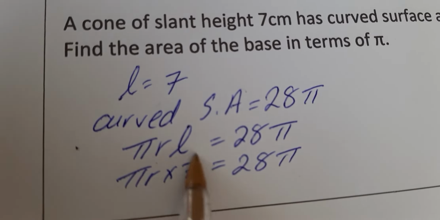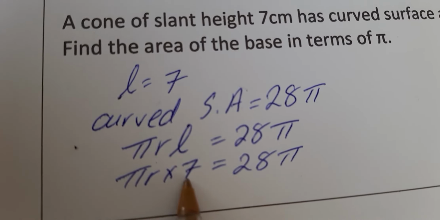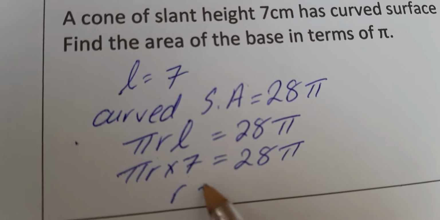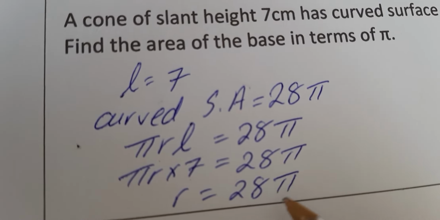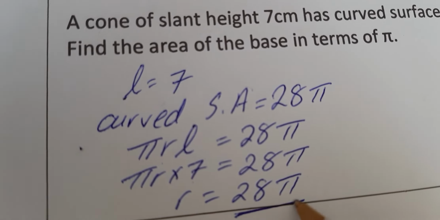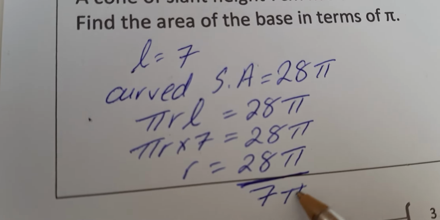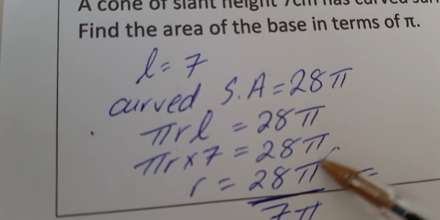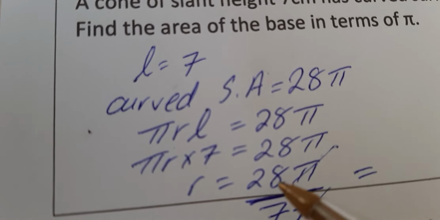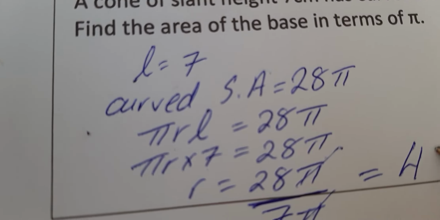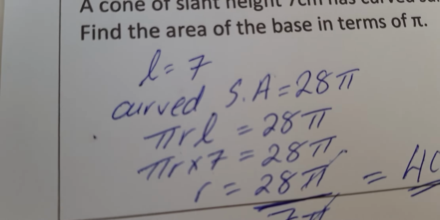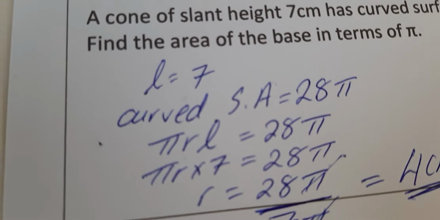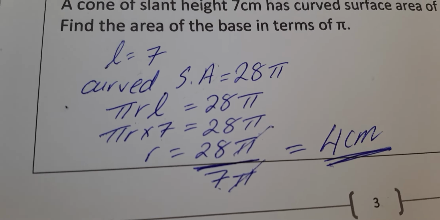As all of this is multiplied, I can bring the pi and the 7 underneath to leave me with the r. So I'll divide that by 7 pi. And I don't really need a calculator for this. I can if I like, but I don't need it. These two cancel. 28 divided by 7 is 4 centimeters exactly. That's the size of my radius.